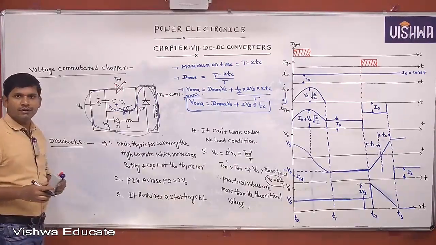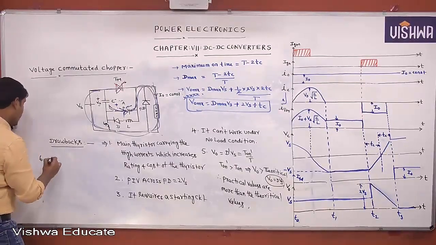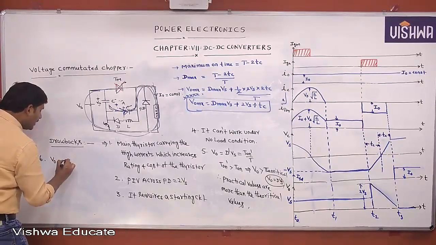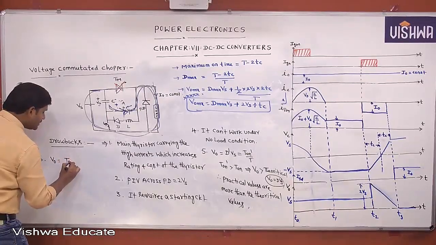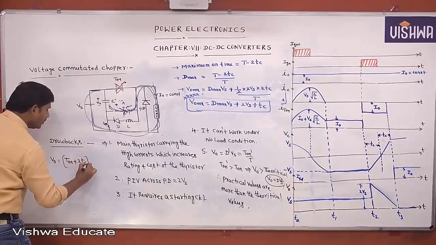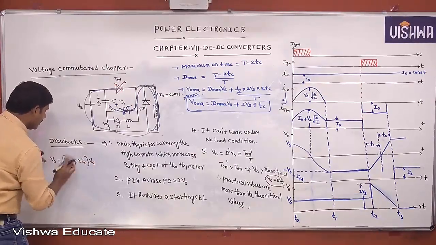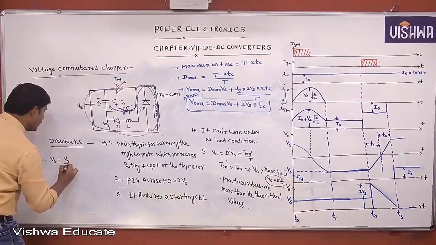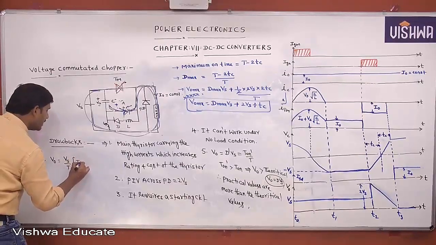I'm writing the sixth one. We know that V naught equals Ton by (Ton plus 2Tc) into Vs. That is, Vs by T into (Ton plus 2Tc).